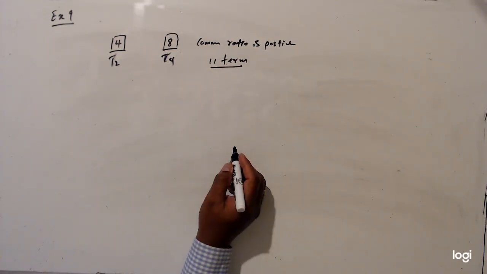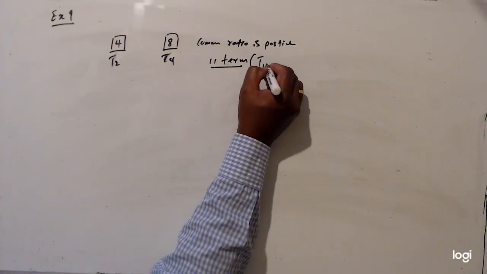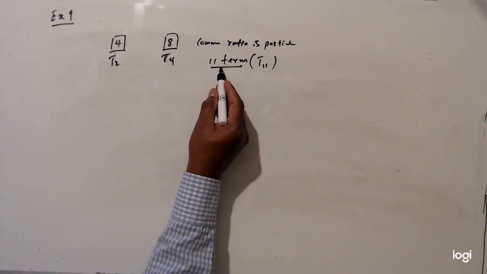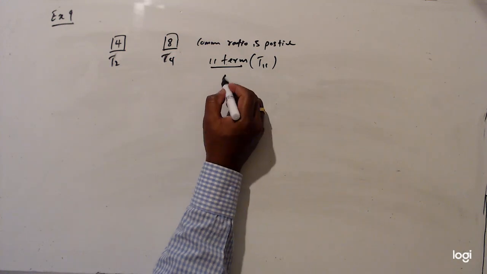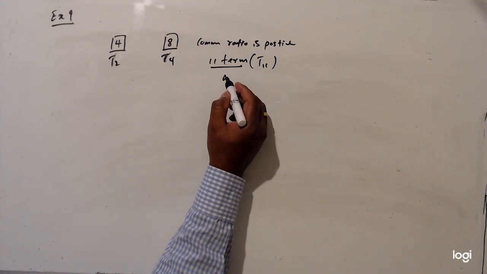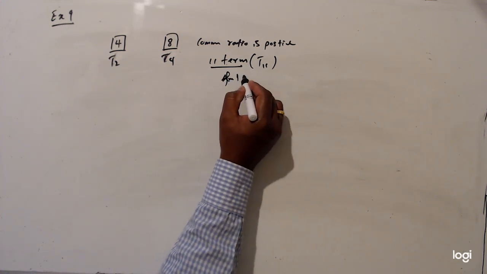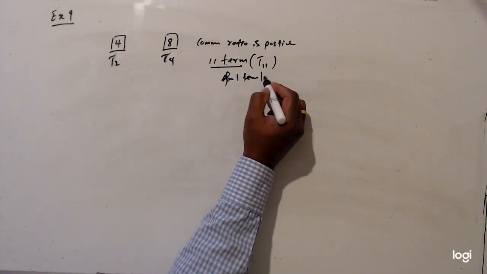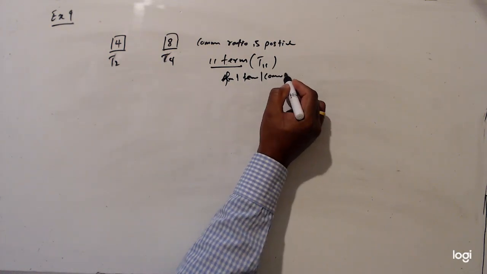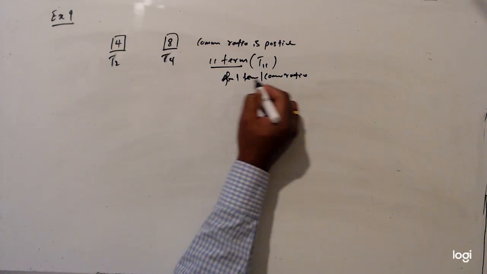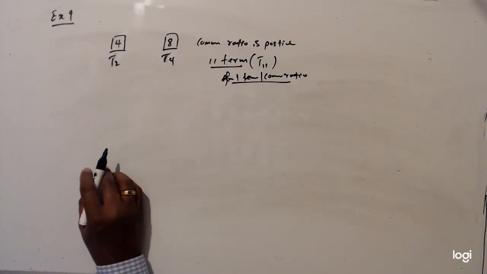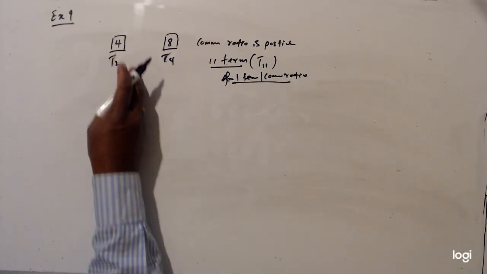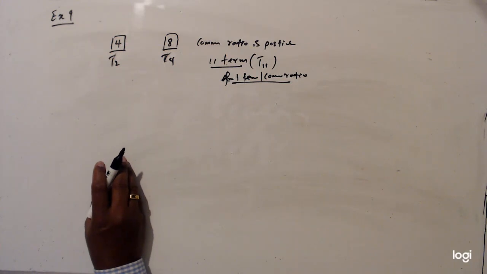So we know that for T11, if we know the first term and the common ratio, we can write any term. So we have to use this information to find the first term and the common ratio.